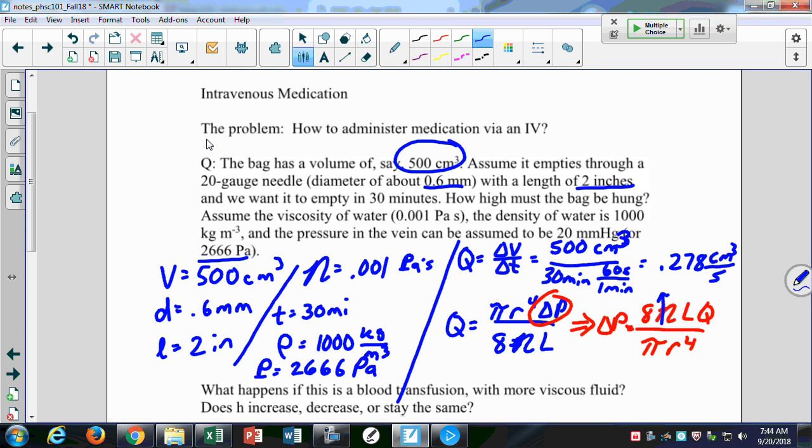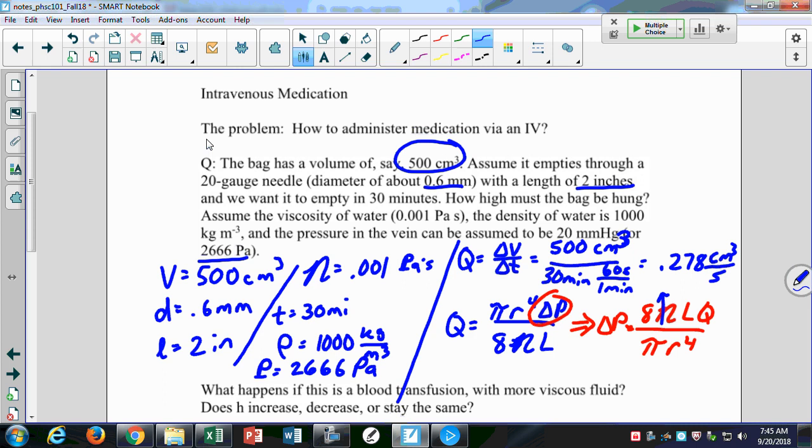How would my pressure differential need to be different? Bigger, smaller, the same? Bigger. That sort of makes sense, right? If I have a more viscous fluid, it's harder to push it through, so I have to apply more pressure. So if my eta increases, then my pressure differential has to increase.